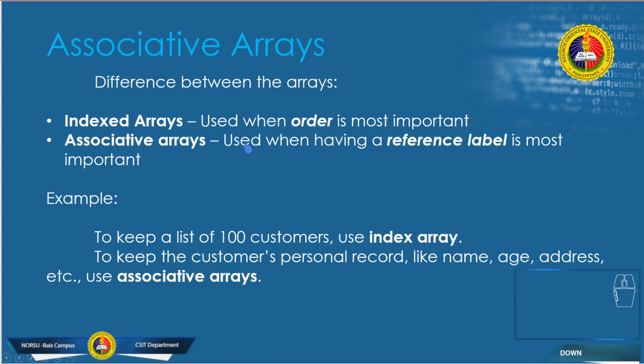So for example, to keep a list of 100 customers, we will use an index array. Let's say you have 100 customers nga ni palit sa imuhang products. Then for you to be able to store those 100 customers, you have to create an index array, and those customers will be given their own index. Diba? Maybe another example is mga students sa NORSU nga ni-enroll sa NORSU.